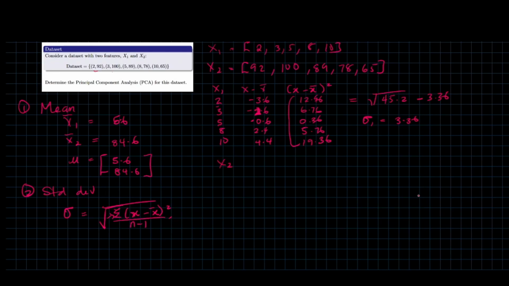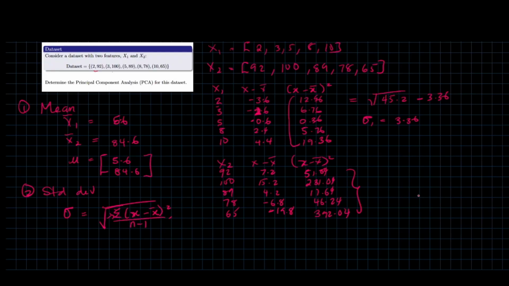Now for the second sample, x2, I'm going to do x minus x bar. In this case, it's 84.8, so 92 minus 84.8 is simply going to be 7.2. The remaining, and now I simply square them to give you 51.84.